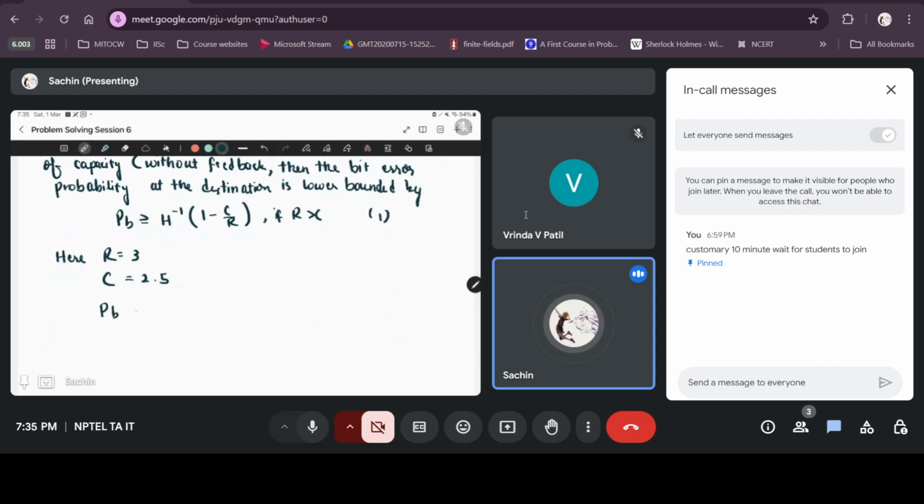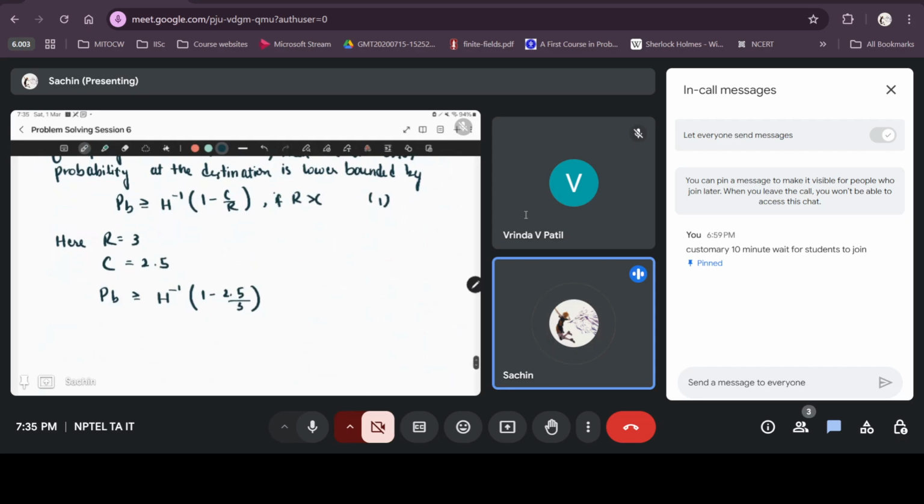So PB is greater than or equal to H inverse of 1 minus 2.5 by 3, which is 0.129.